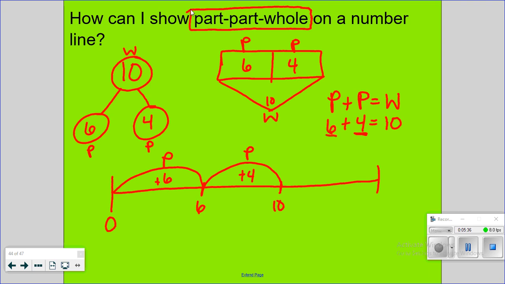Where's my whole? I see the 2 parts, but where is my whole? Where's my whole, Harper? The whole is where the 10 is. It's not just the 10. Shelby, what do you think? Nope, it's not just the 10.